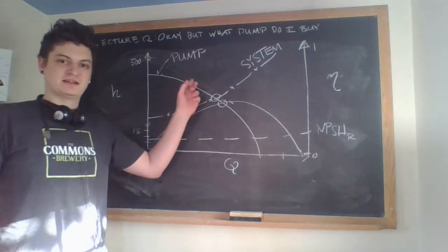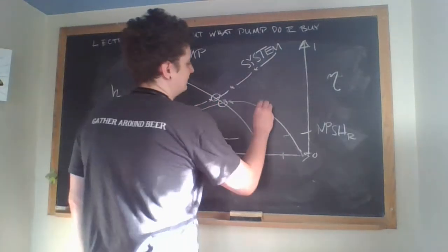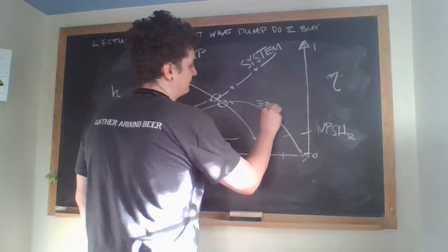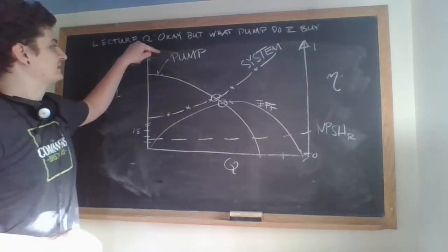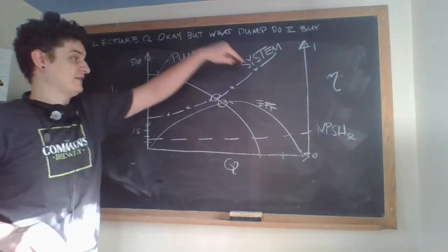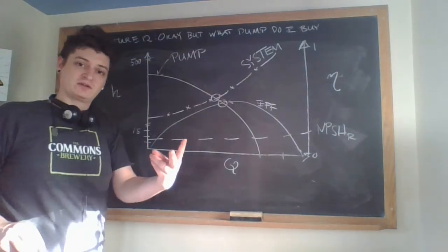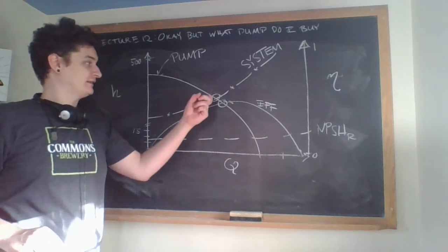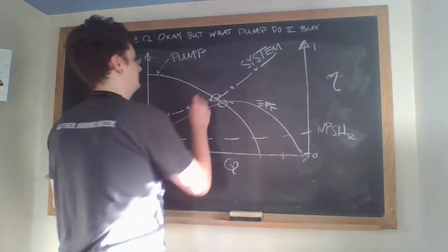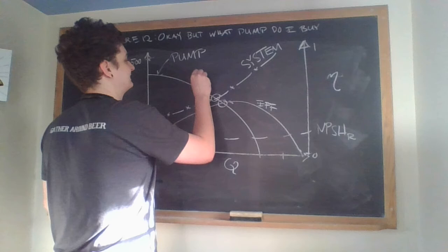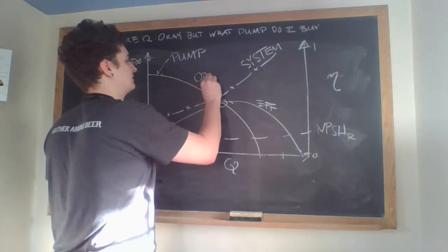This is the intersection of the pump curve and the efficiency curve. So we have two intersection points we have to care about. This one and this one. So this one, before I even describe, is called an operating point.